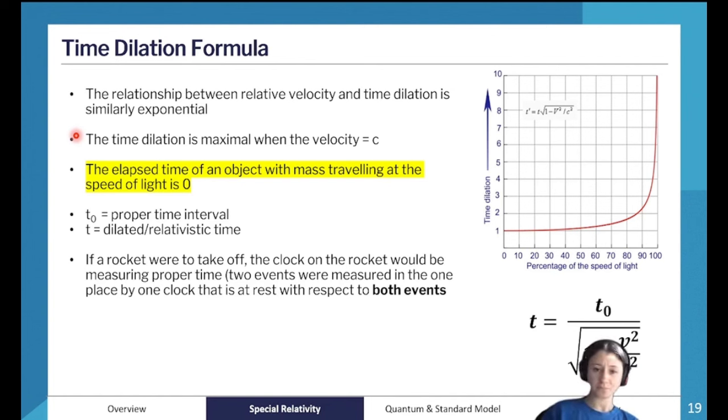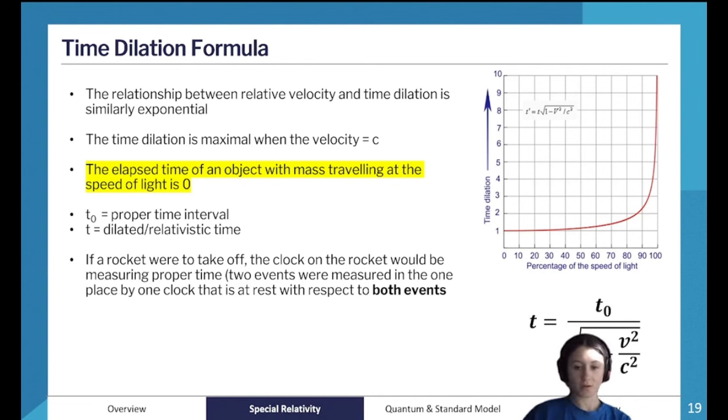As you get closer and closer to the speed of light, time slows down. And I just want to make an important clarification here. I'm not saying that you experience things yourself in slow motion. It's more so that people watching you would think that you were experiencing things in slow motion.